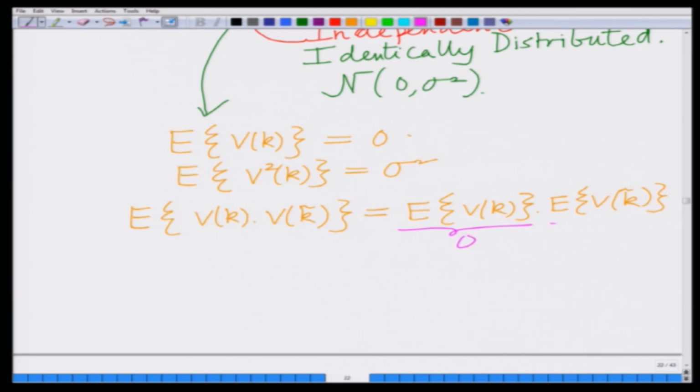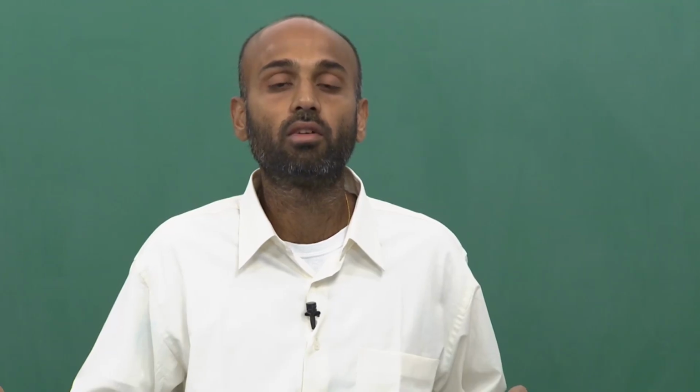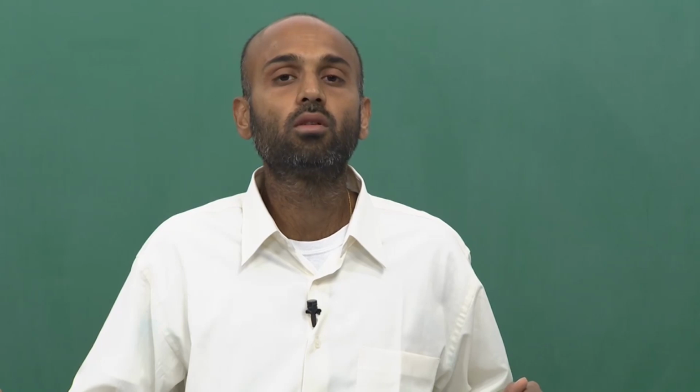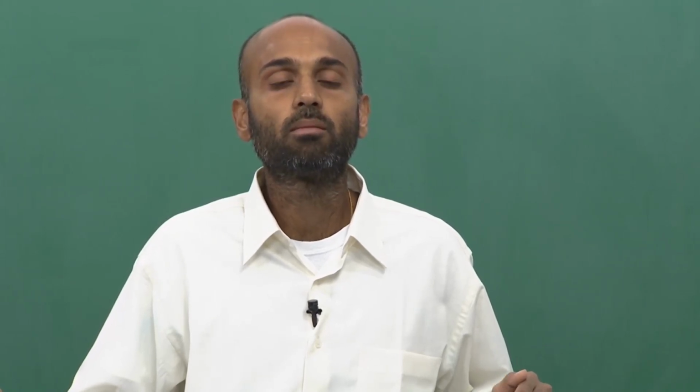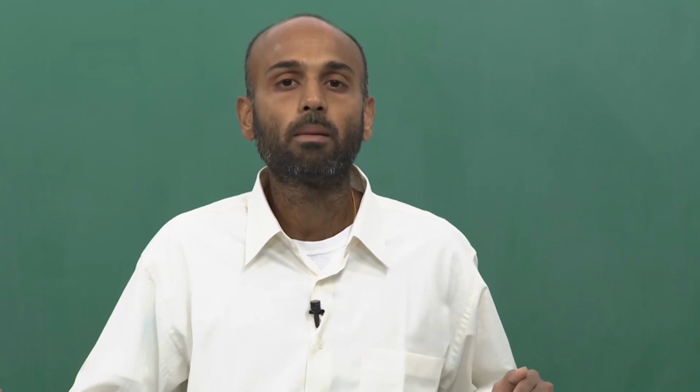Therefore, the net product is 0 if k not equal to k tilde. That is, the correlation between two different noise samples Vk and Vk tilde is equal to 0 if k is not equal to k tilde, since these different noise samples are assumed to be independent.